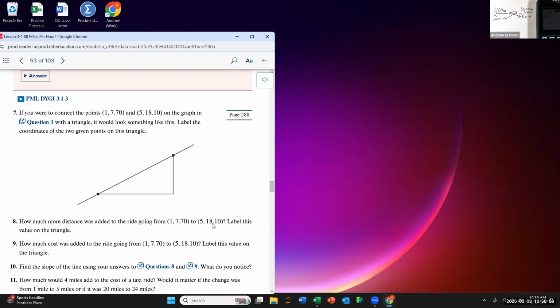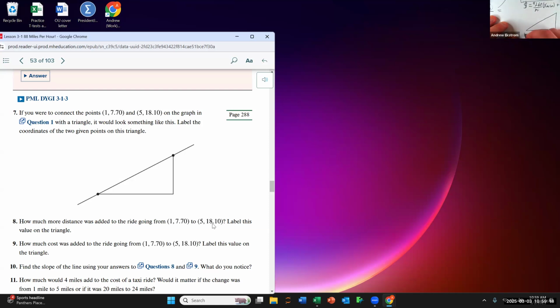So what we're looking at here is our right triangle.